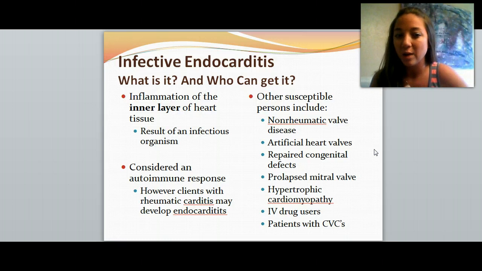It's considered an autoimmune response. A lot of clients that have had rheumatic carditis or rheumatic fever or something in the past, a lot of times those issues that remain following the rheumatic carditis can then sometimes leave the patient a lot more prone to developing infective endocarditis later down the road.